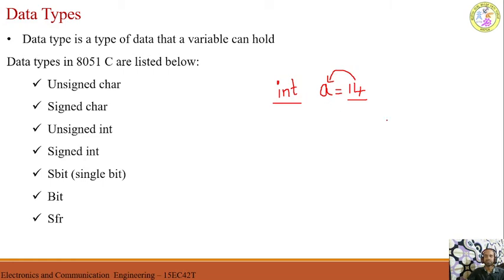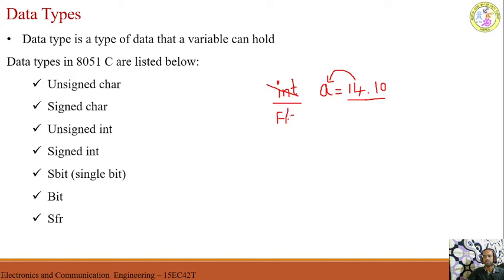Similarly, in basic C programming, we have learned that we can use float instead of int. For example, if I want to store some fraction, like 14.10. Now 14.10 is not a whole number, it is a fraction. Instead of using int, I must use float, so I need to use the keyword float now.